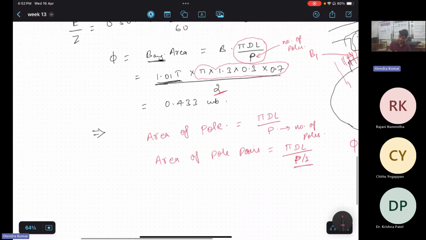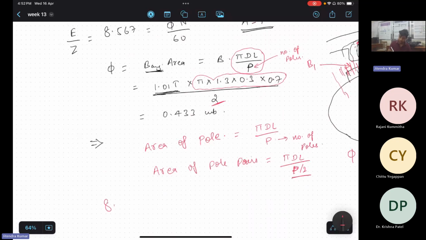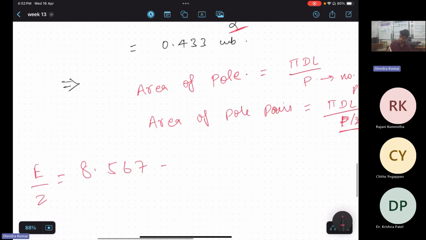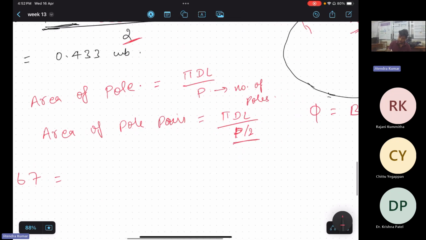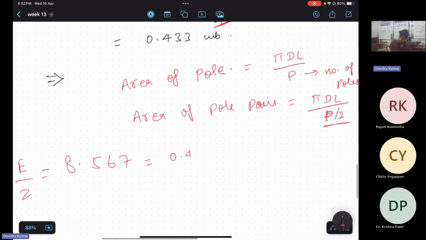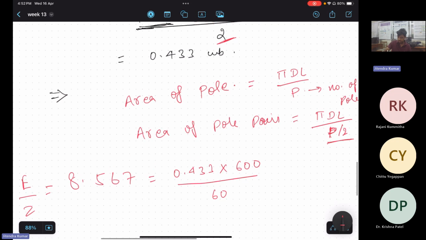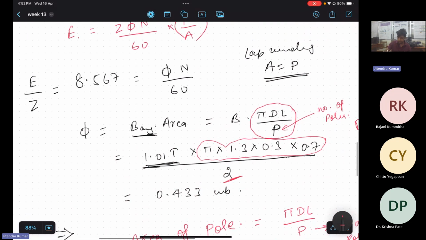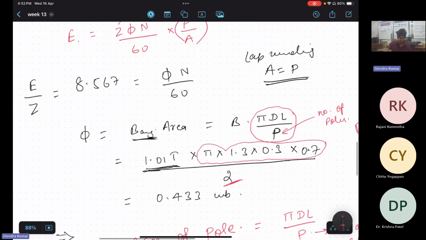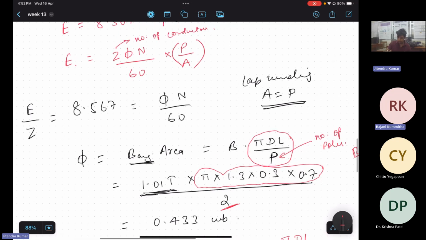Now E by Z is 8.567, E by Z is equal to phi, we have got 0.433, N is 660, so 4.33.